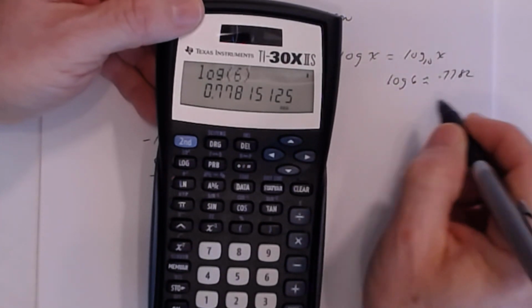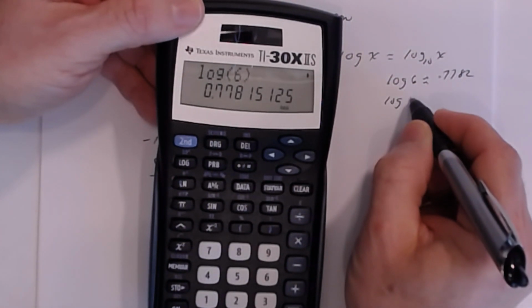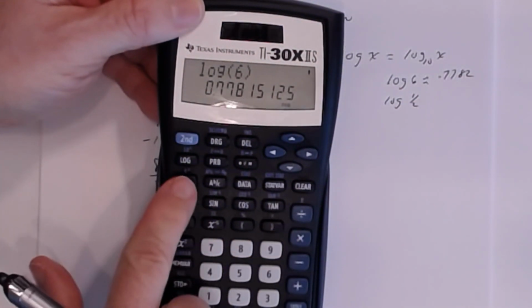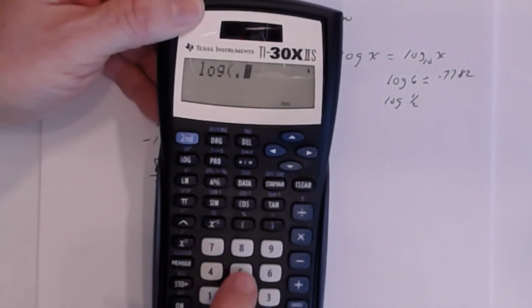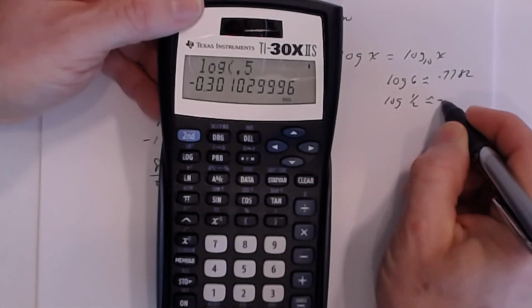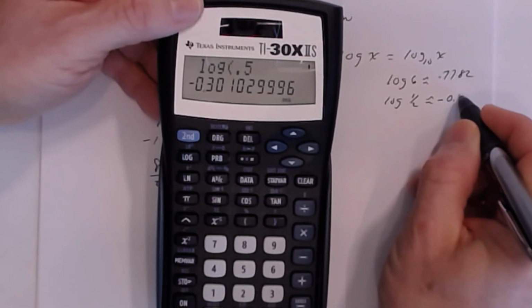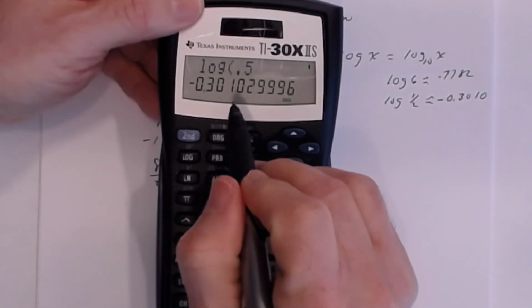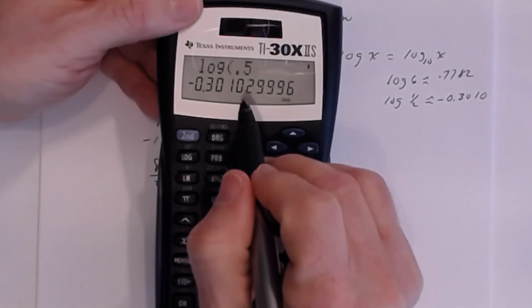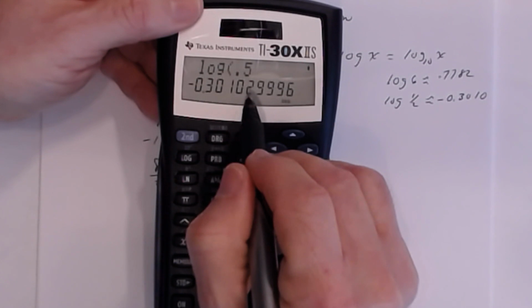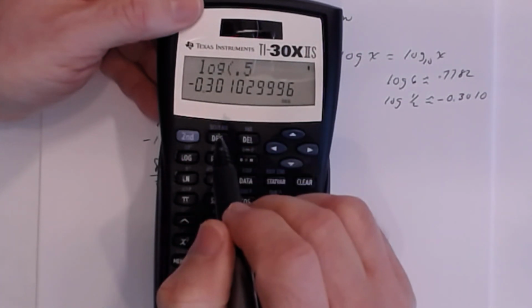If I take the log of, let's say, 1/2, 0.5, press equal, that's negative, so that's about negative 0.3010. Usually they'll ask you to round to 4 decimal places or so, and since 2 is less than 5, the 0 stays 0.